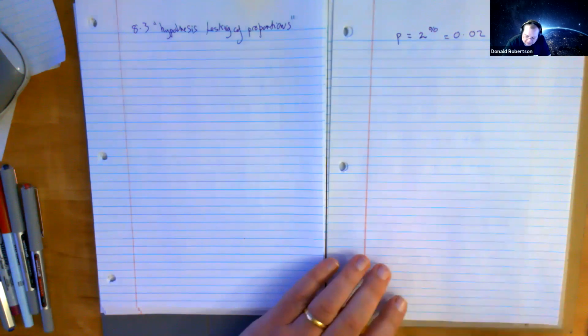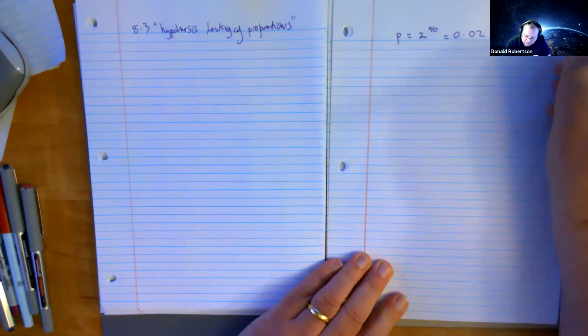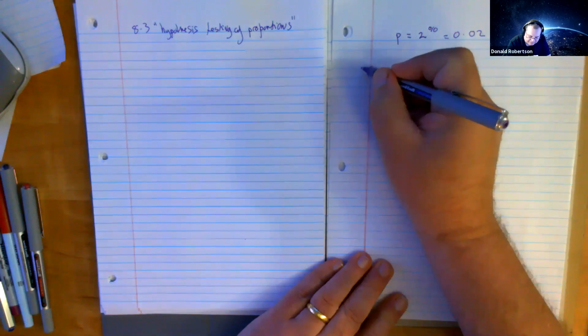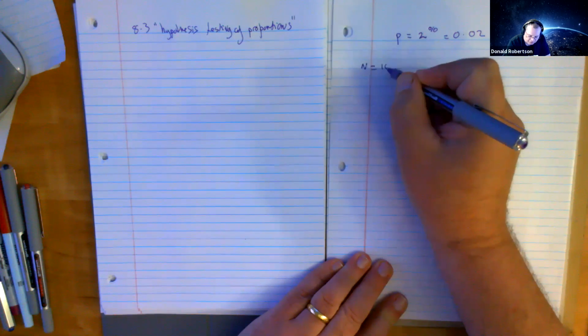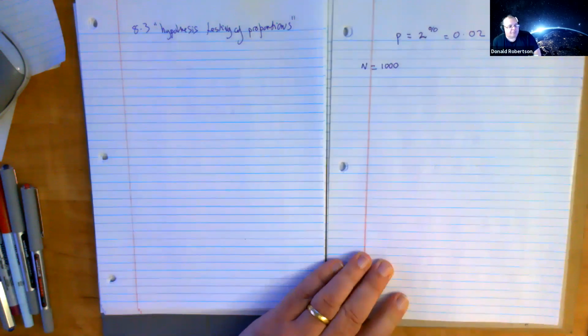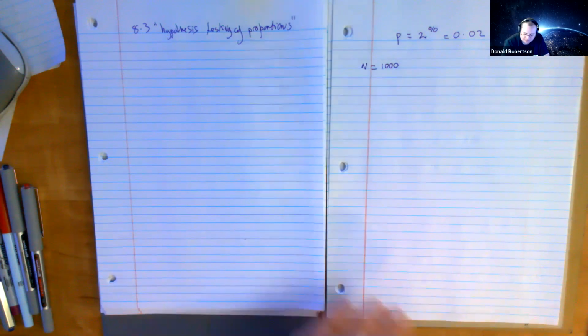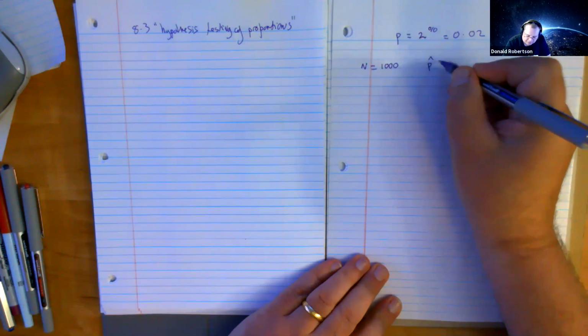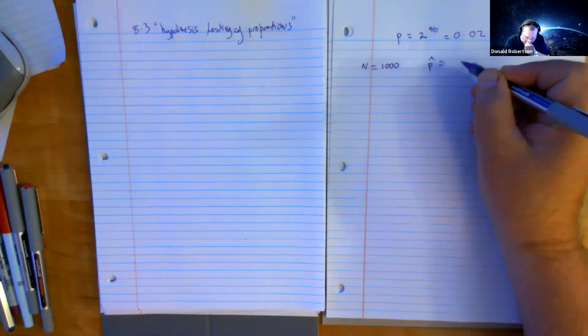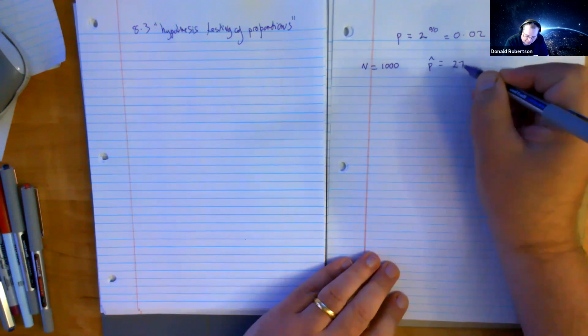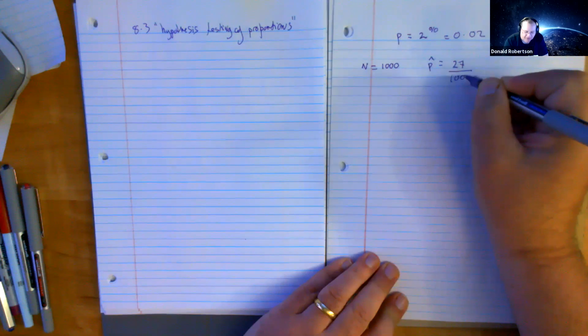So at a significance level of 5%, she goes out and she finds 1,000 people, and she discovers that 27 of them are vegetarians, right? Full-time vegetarians, not I sometimes eat chicken, right? It's full-time vegetarians, and whatever.